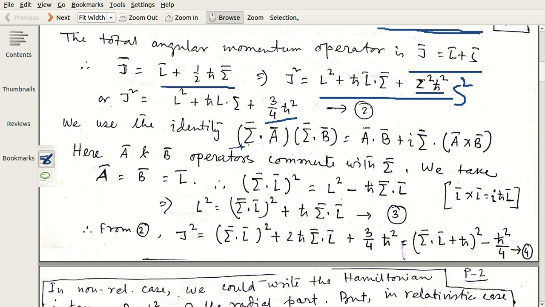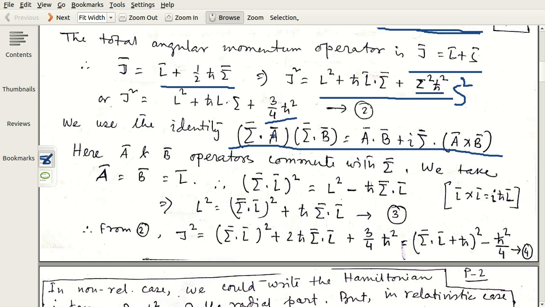Now we use this identity. This is a very famous identity which we actually faced when we read Pauli spin matrices using 2 by 2 matrices. In case of Pauli spin matrices, it was small sigma dot A, small sigma dot B equals A dot B plus i into small sigma dot A cross B. And when we use a 4-dimensional capital sigma matrix, the same identity holds, because in the capital sigma matrix, the small sigma Pauli matrices are included.